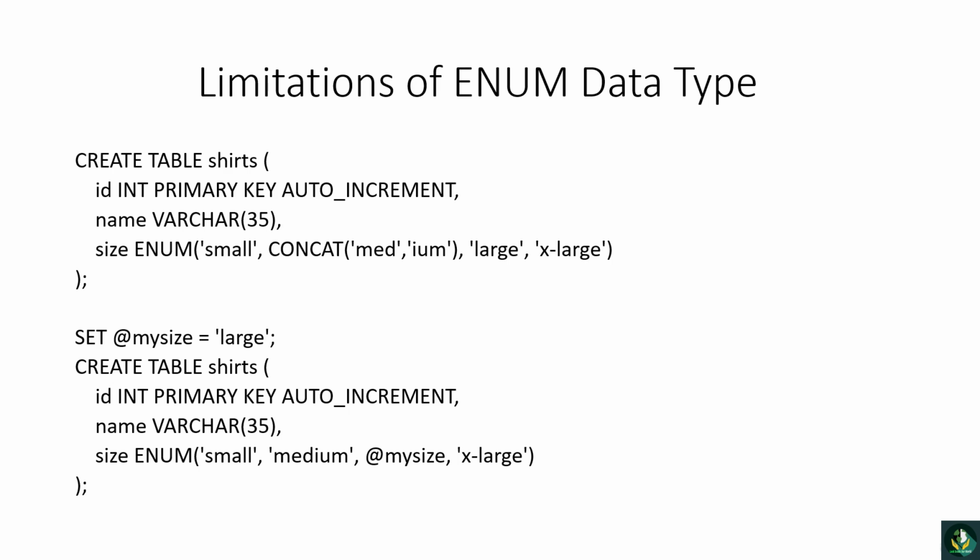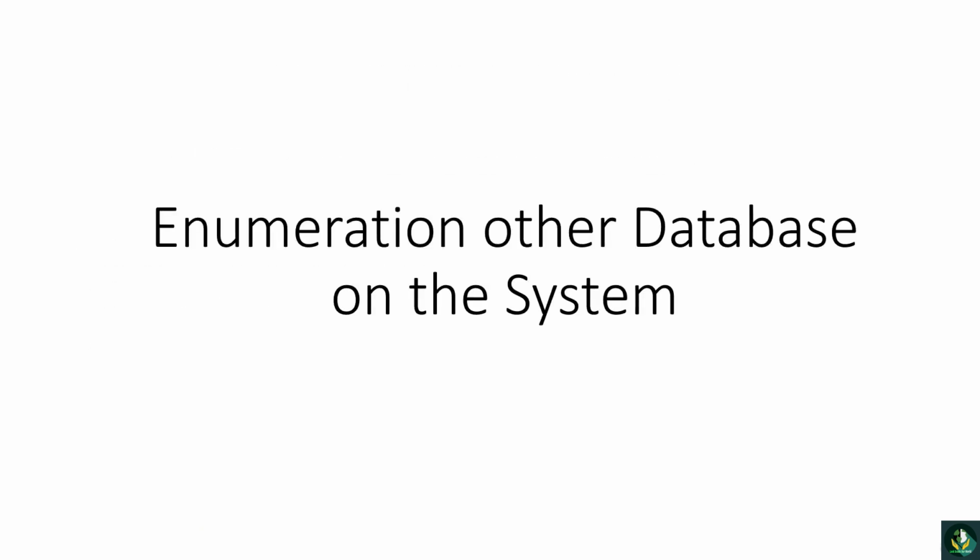Also, we may face an issue when porting enum to other RDBMS because many databases do not support the data type. And finally, we cannot add more attributes to the enumeration list. And that's all, how you can enumerate a database on the system, and I think that's pretty easy.